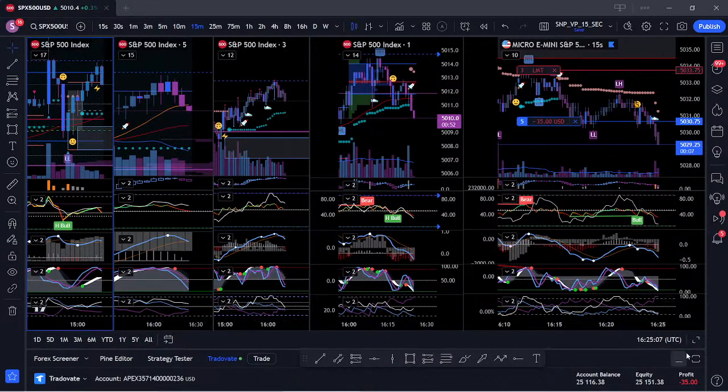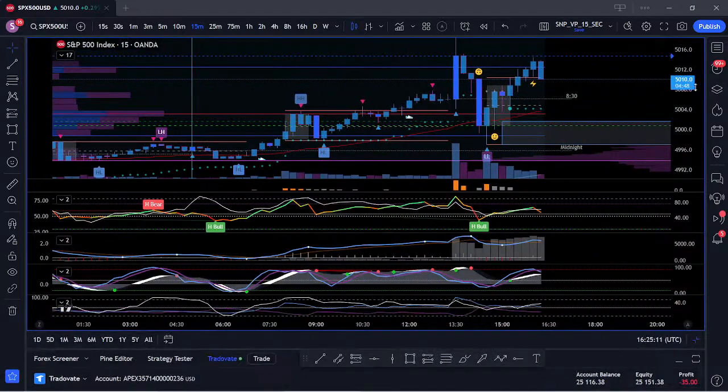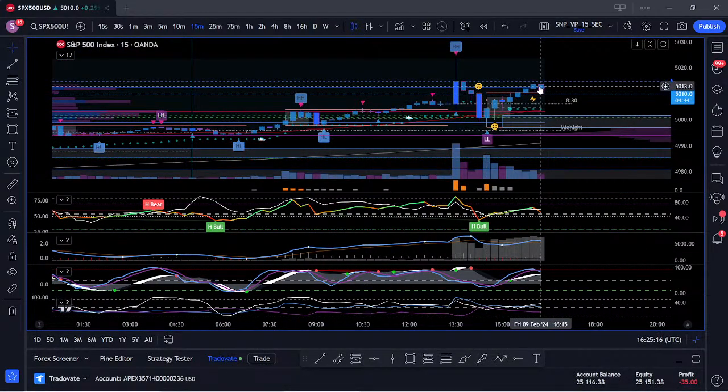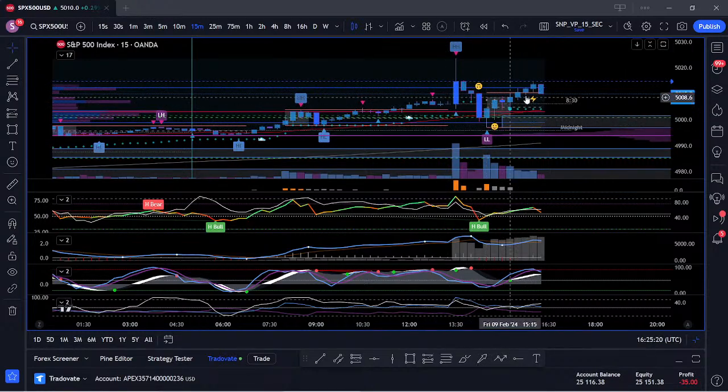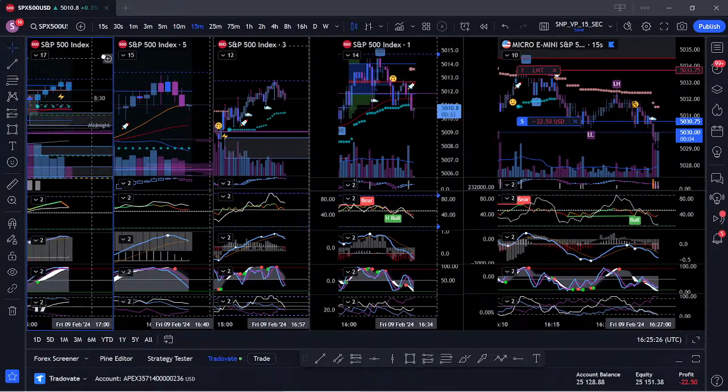Let's see the 15. Considered this as a lower low, and that should be a lower high. Okay, so this is telling me a signal now things are changing. It's not going to push longer, and now the bounce is worth to clear up.